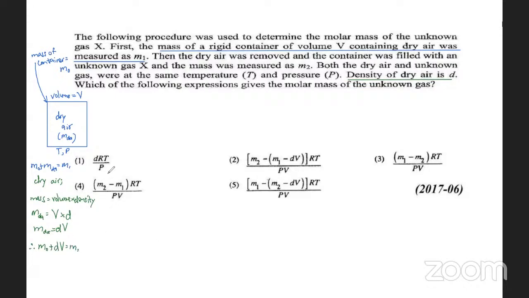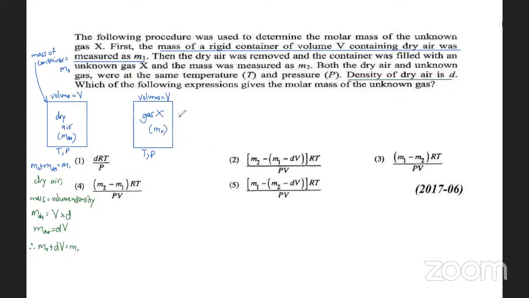Right, and then they are not changing the container. It's the same rigid container, so it has the same volume V, and they are maintaining the same pressure and temperature. Now they are replacing the air with another gas, gas X. Let's say the mass of gas X is Mx, and this time the total mass is M2.